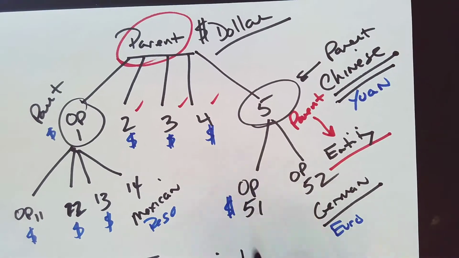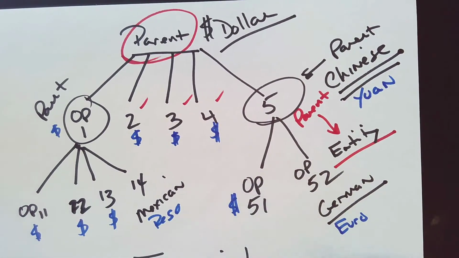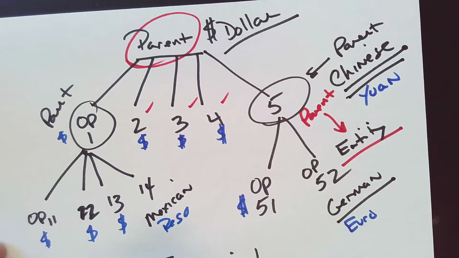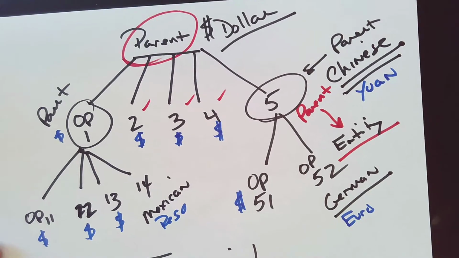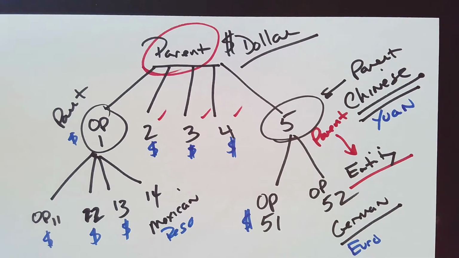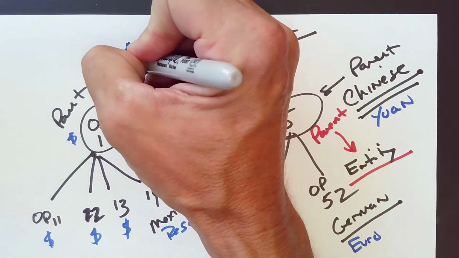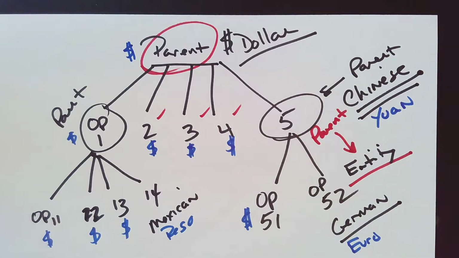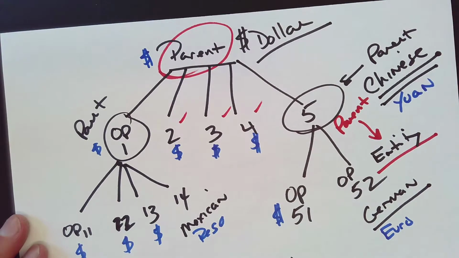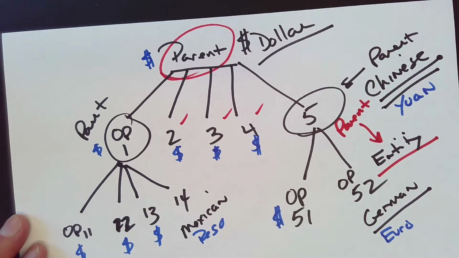Okay, so what I just drew in blue, right? These are the recording currencies. What I'm going to draw in red, let's assume that what I draw in red are the functional currencies.